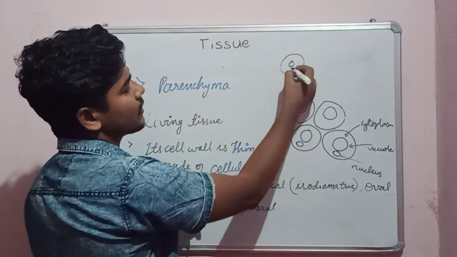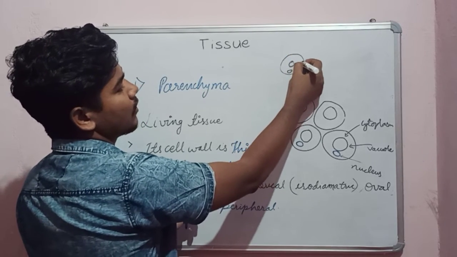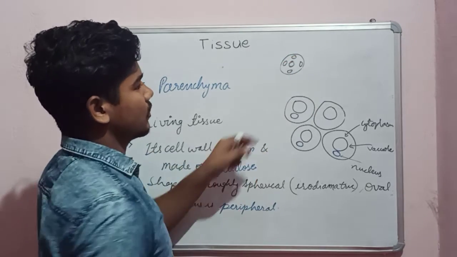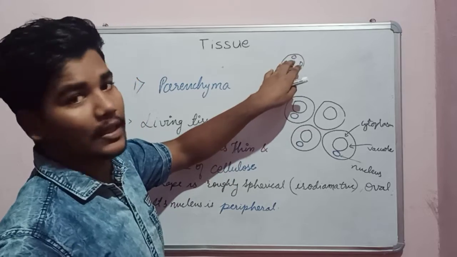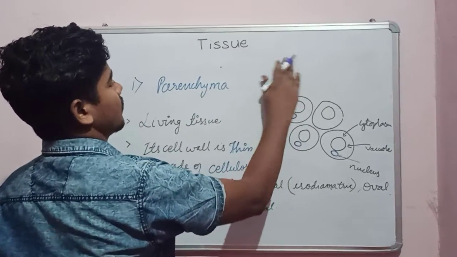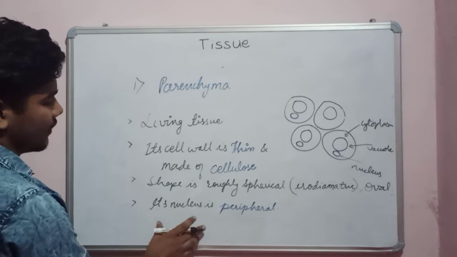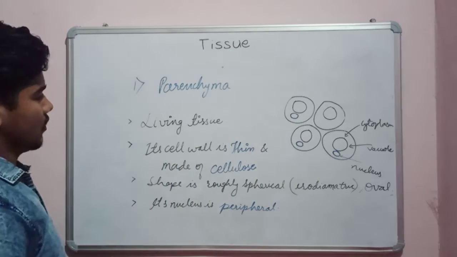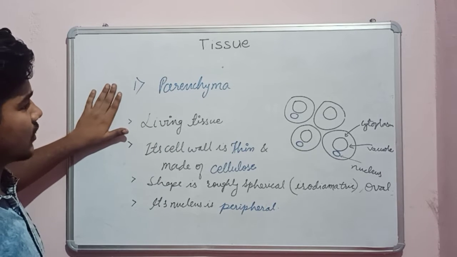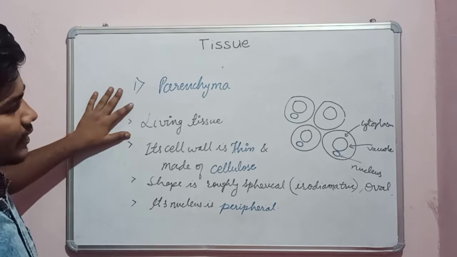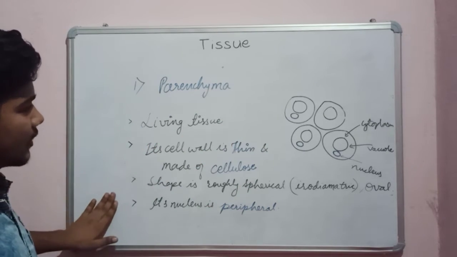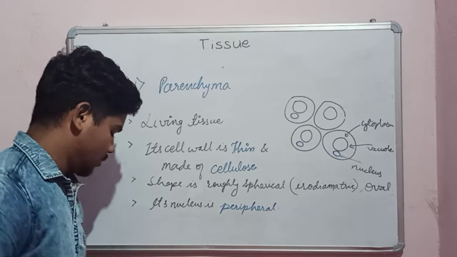And if the nucleus is situated along with the cell wall, this nucleus will be called peripheral. Its nucleus is peripheral. Whenever a question is asked upon parenchymatic tissue, draw the diagram and just write these 3-4 things.